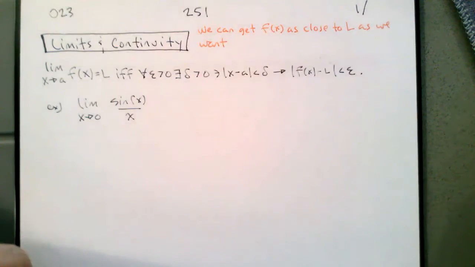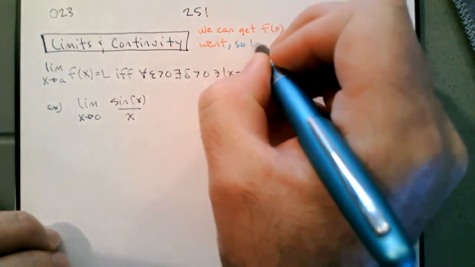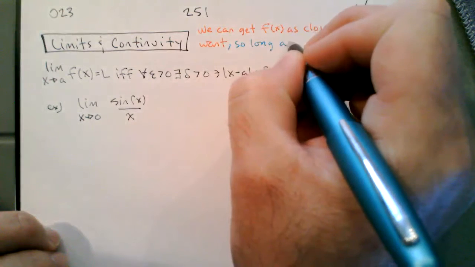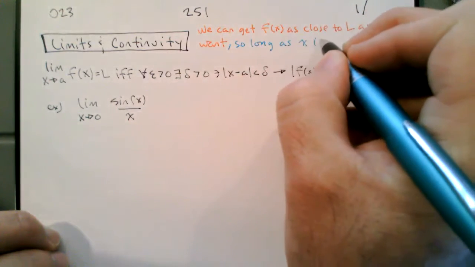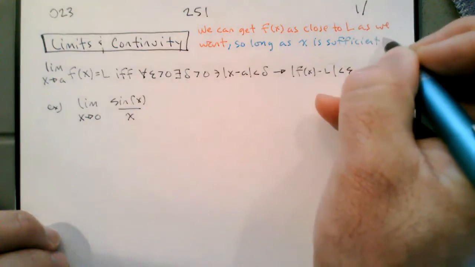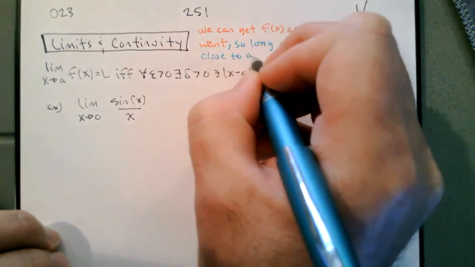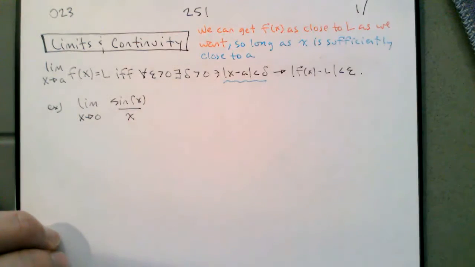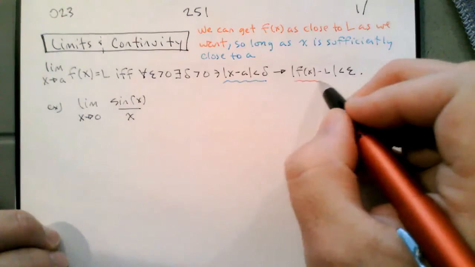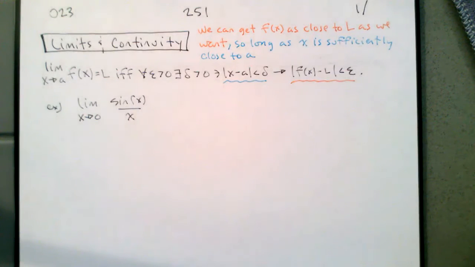Epsilon is how close we want f of x to be to L. We just have to be able to find a delta that will make that happen.